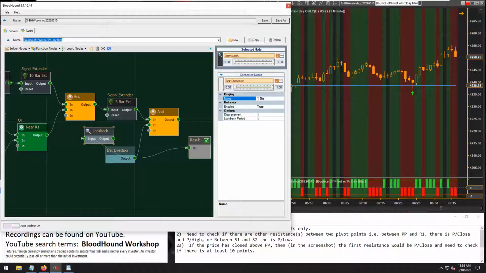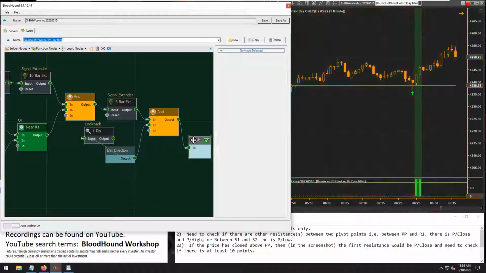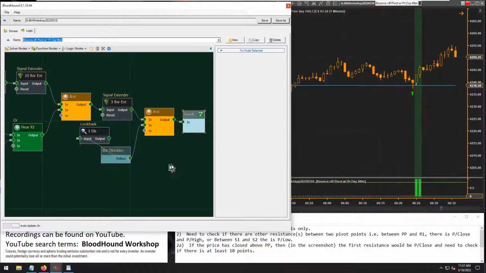Adding a displacement of 1 adds a 1 bar delay. If you needed a 2 bar delay, you just change the displacement to 2, and so on. 3 would be a 3 bar delay. But we just need a 1 bar delay. Let's connect that up.